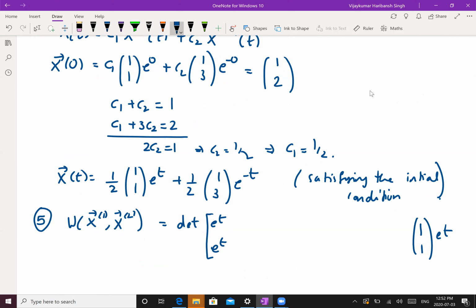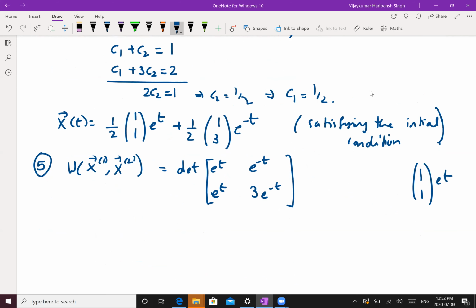The second one would be e to the power minus t, 3 e to the power minus t. The Wronskian definition is different here compared to second-order differential equations. This is going to be 3 minus 1, which is 2.